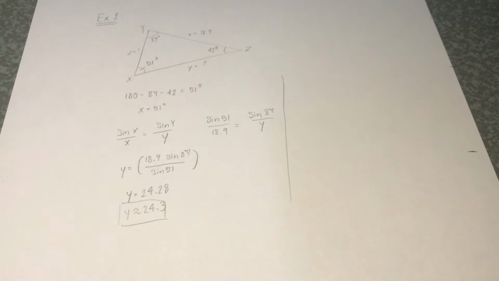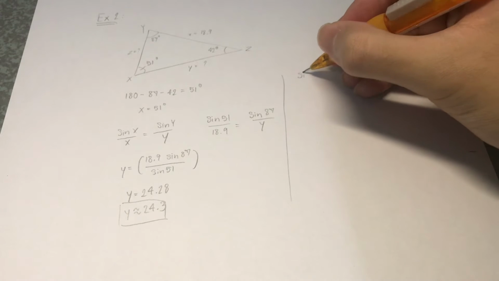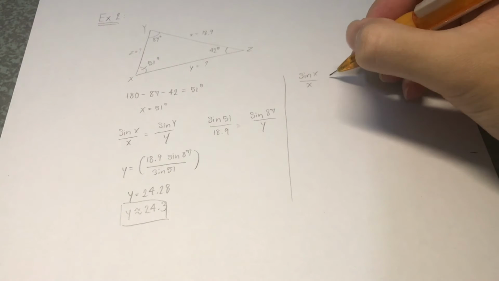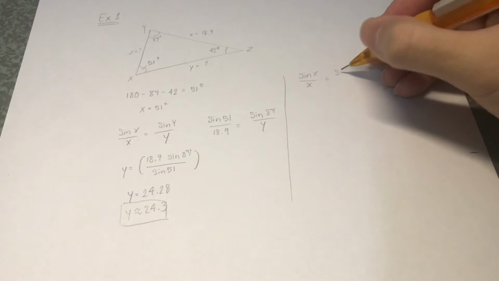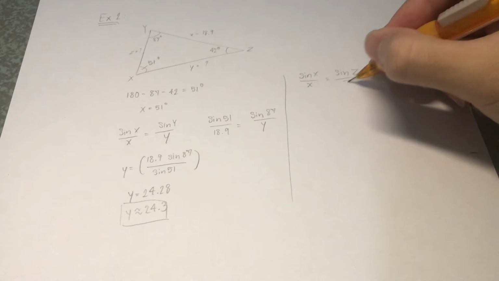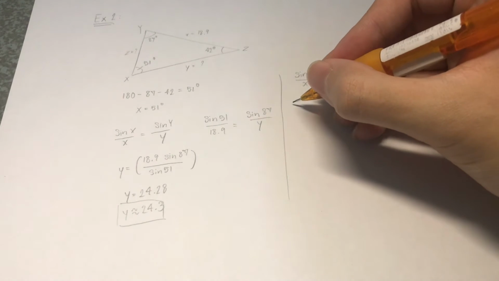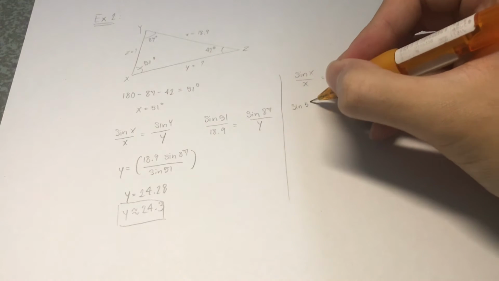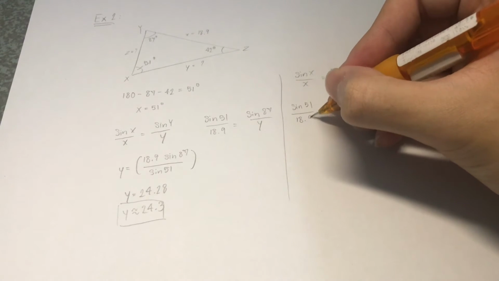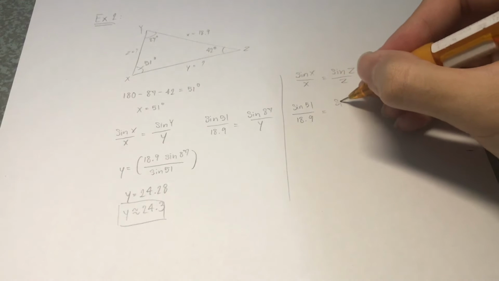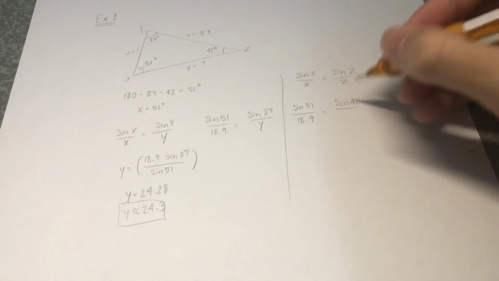For side c, we do the same thing as the previous side by writing the formula with what we know and what is missing. So sine x over x will equal sine c over c. Then plugging in the values again, it will be sine 51 over 18.9 equals sine 42 over c.